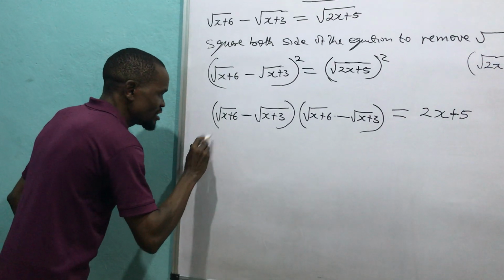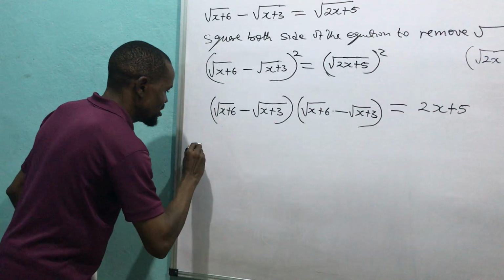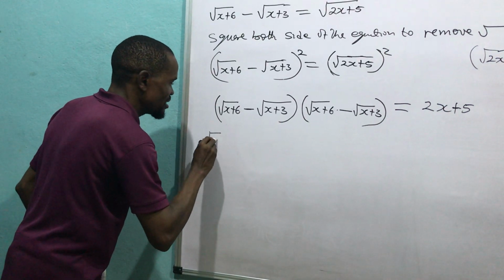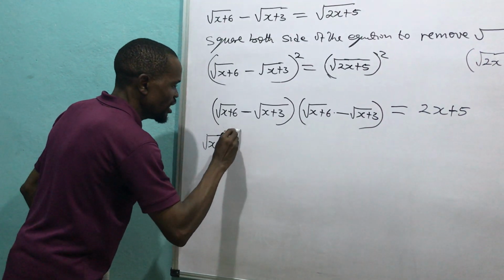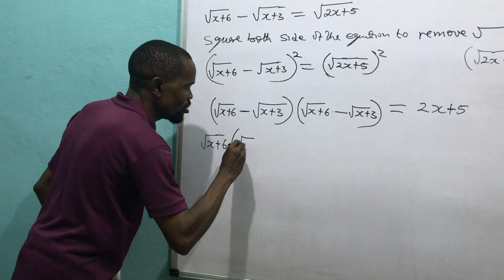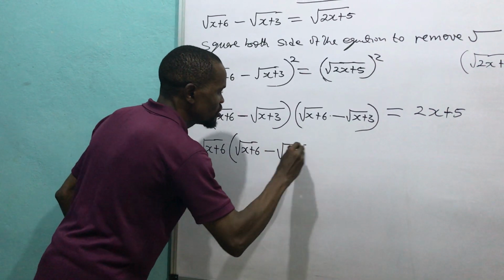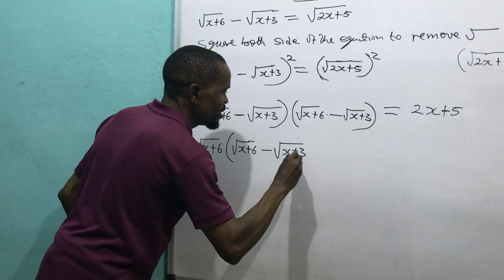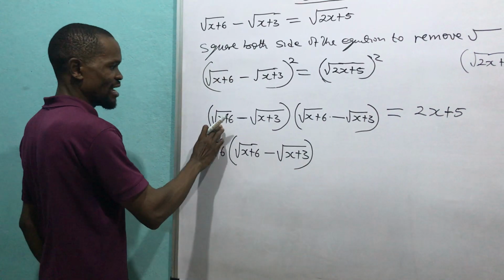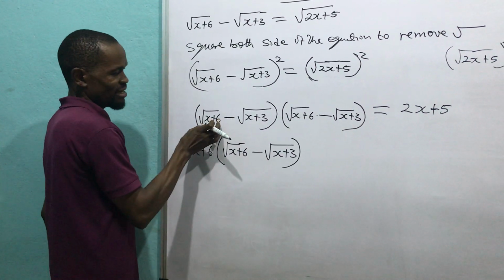I have this: root of x plus 6 multiplied by root of x plus 6 minus root of x plus 3, closing the bracket. This term goes to multiply these ones. It says, let me go first.